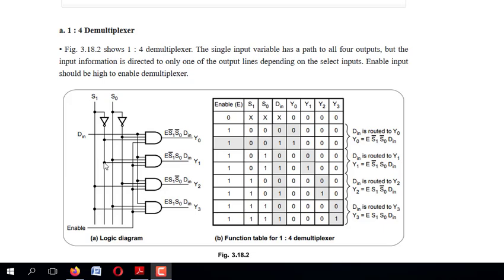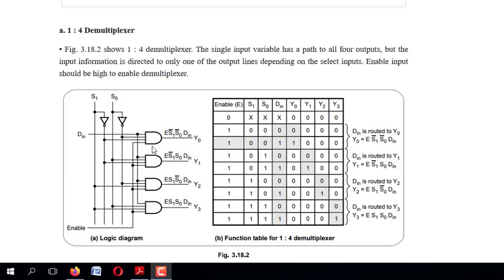So 0 is nothing but S1 bar and 1 is S0. Similarly, if you are planning to route out D in towards Y2, then my selection lines should be 1 0. What is 1 here? S1 is 1 and S0 is 0.